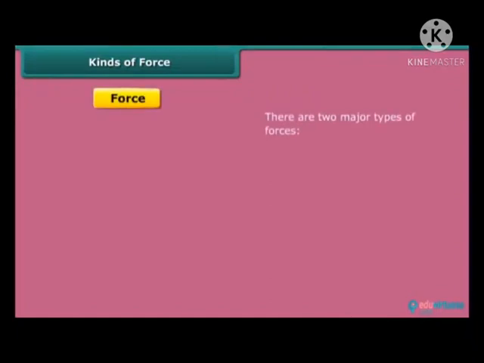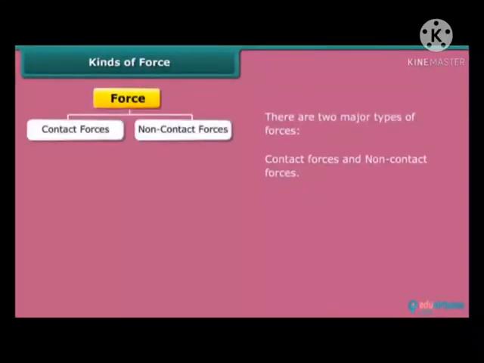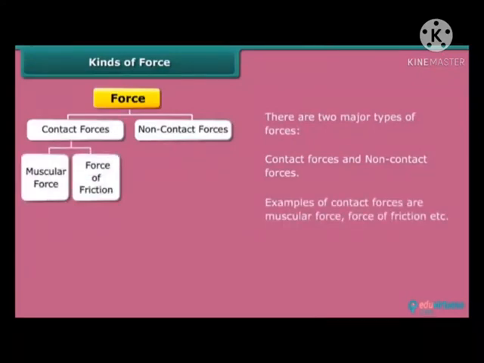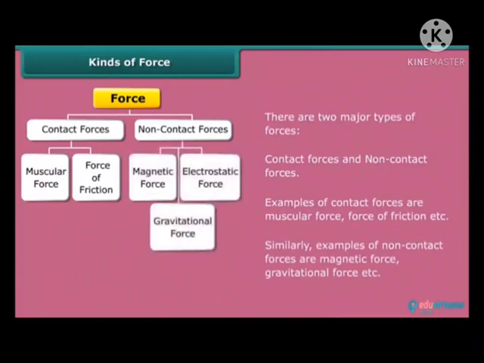There are two major types of forces: contact forces and non-contact forces. Examples of contact forces are muscular force, force of friction, etc. Similarly, examples of non-contact forces are magnetic force, gravitational force, etc.